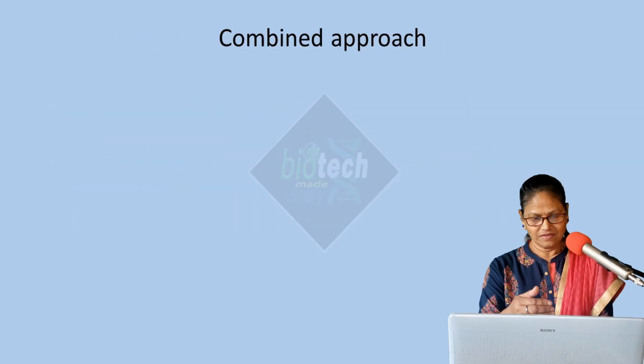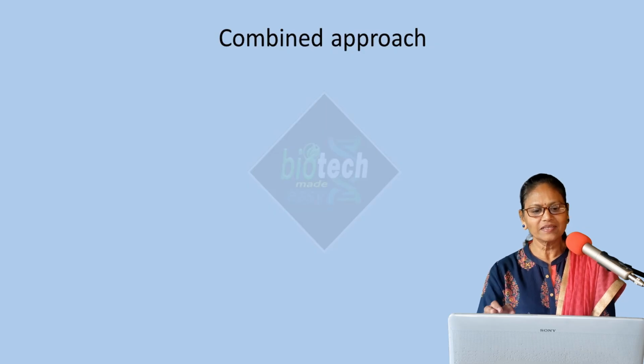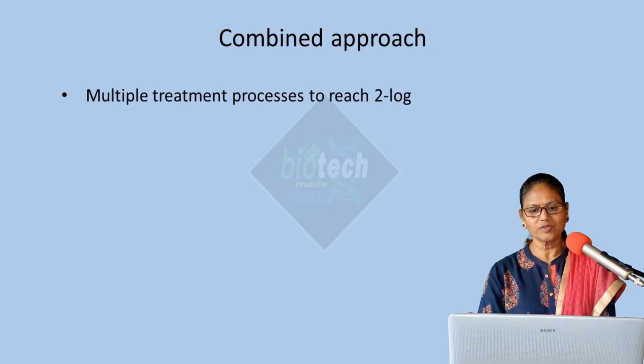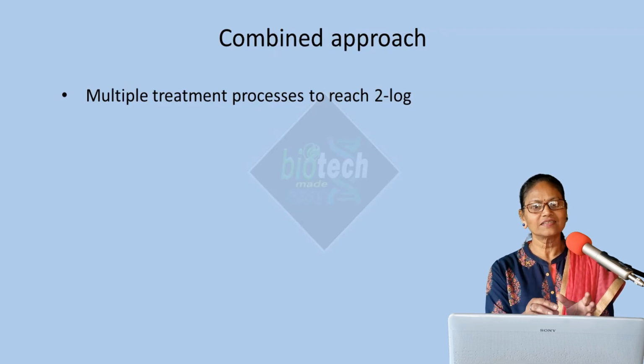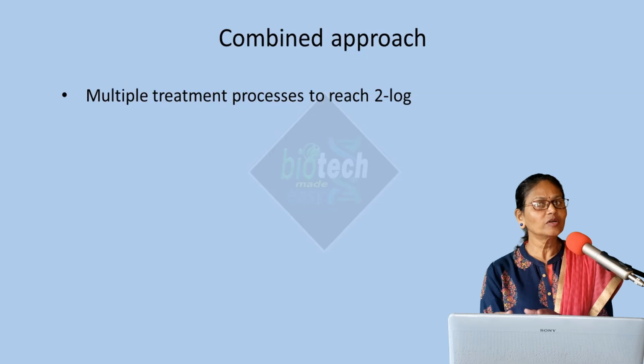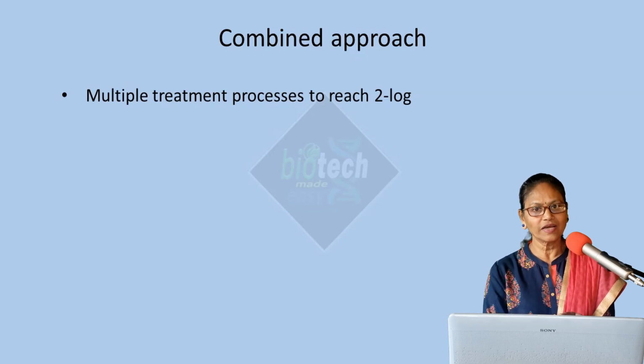We generally use the combined approach. Not just one method is used, but multiple treatment processes are used to reach the 2 log, because initially I said that one method may not be sufficient to kill all kinds of viruses. So it is better that we use multiple treatment processes.